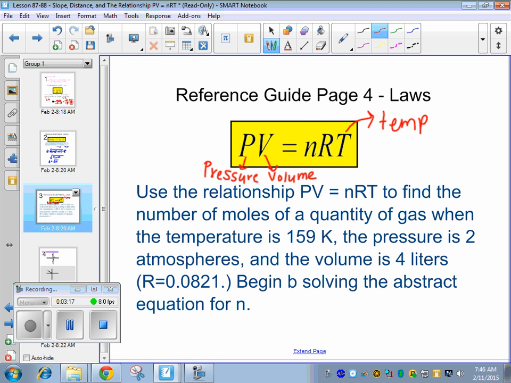So N is actually going to be moles. You guys done moles? Yeah. In like chemistry? And R is a constant, and this is something you're going to have to memorize. The book gives it to you the first couple times, but then you have to memorize it for the test. So R is equal to this lovely decimal right here, 0.0821.